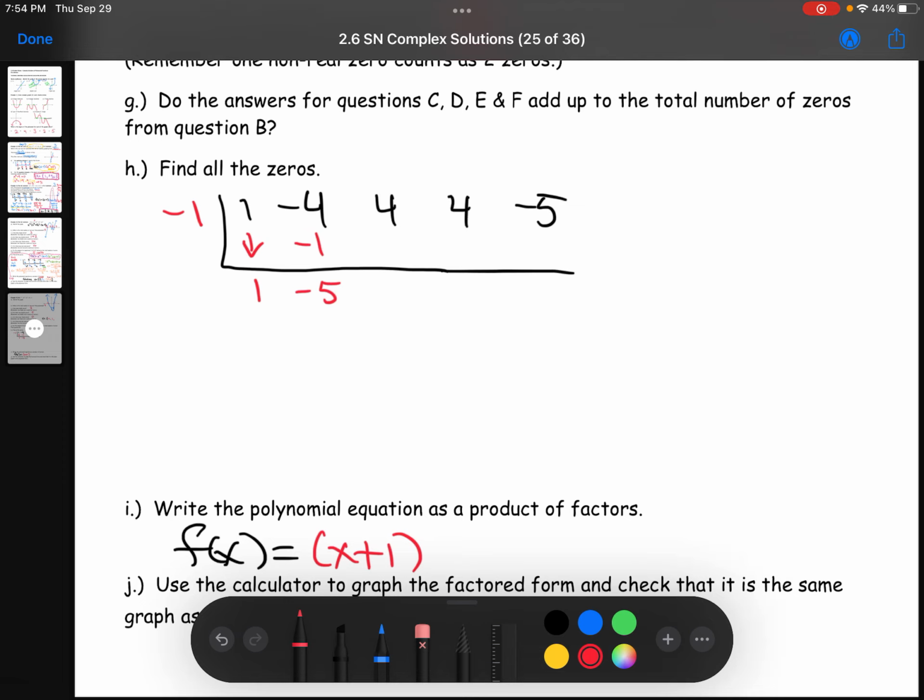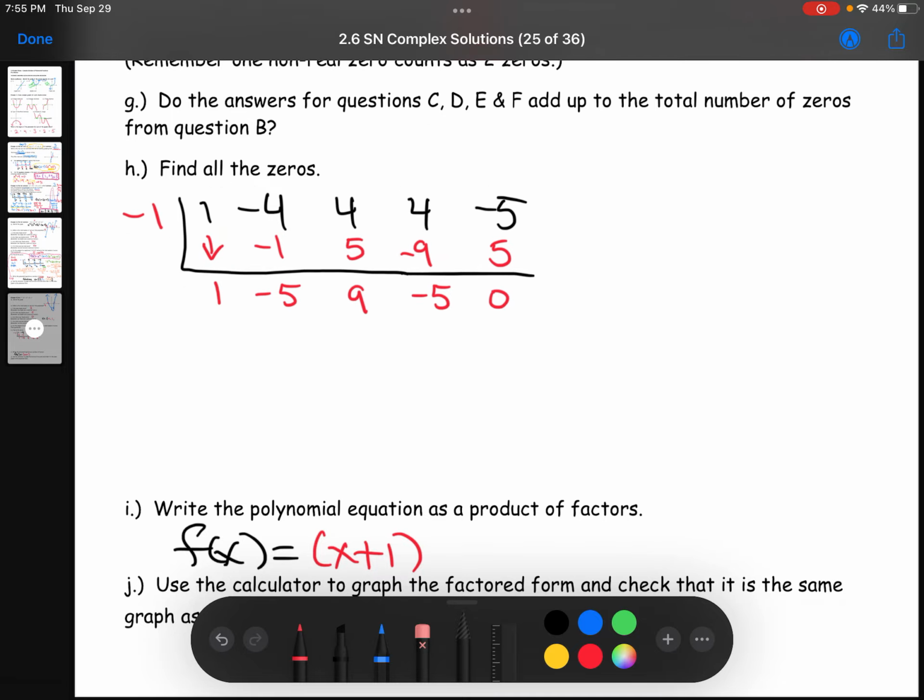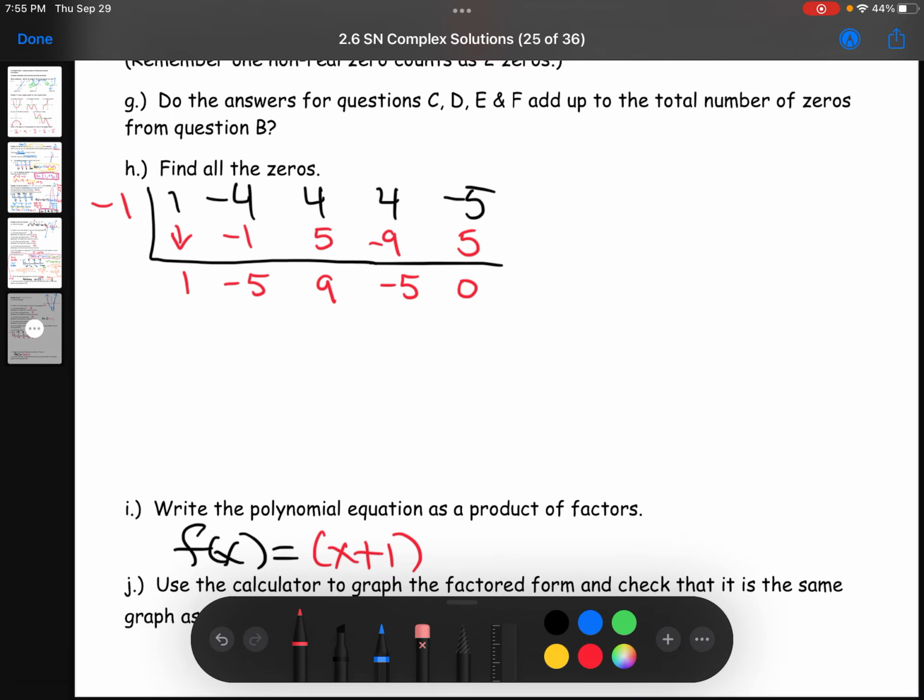Drop that first coefficient down, multiply -1, add -5, multiply 5, add 9, multiply -9, add -5, multiply +5, 0. Now, we were expecting that remainder of 0 because we knew we had a root at x equals -1.